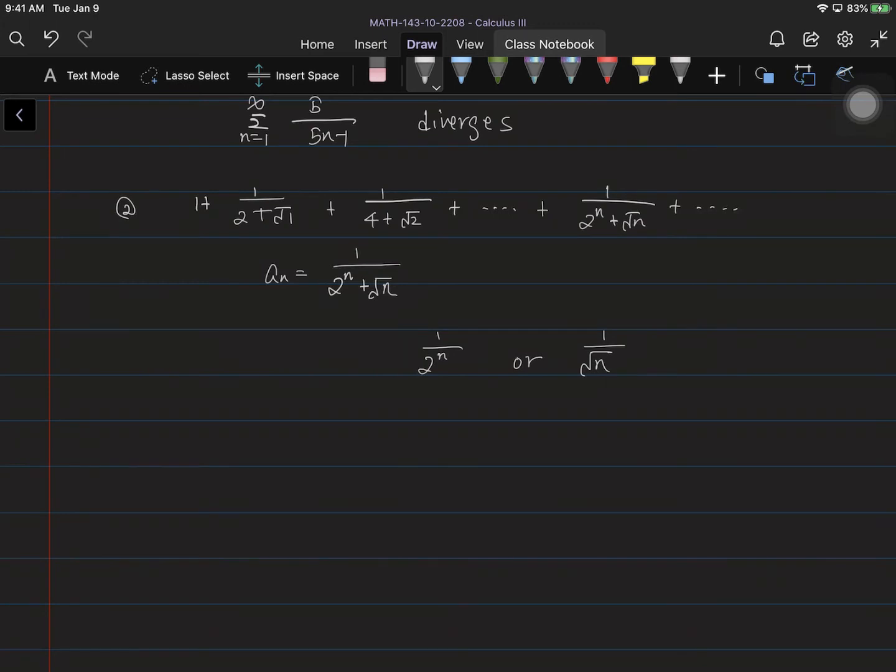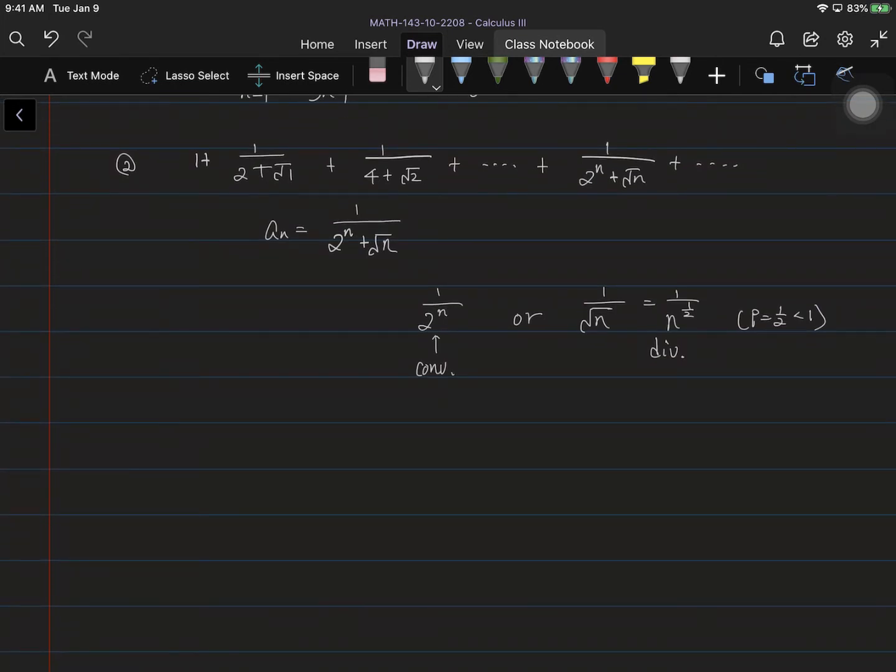Okay, and firstly we have to know convergence or divergence of those two series, and this actually is a geometric series with r equals 1/2, and it converges. And 1 over root n is 1 over n to the 1/2 power. This is a p series with p equals 1/2, which is less than 1. When the p series has p less than 1, we know that it diverges, right?